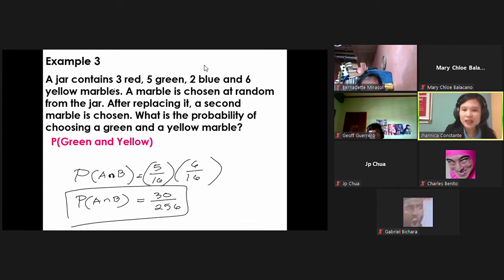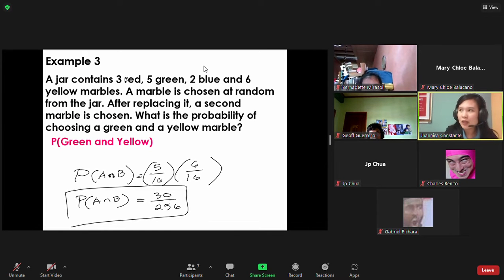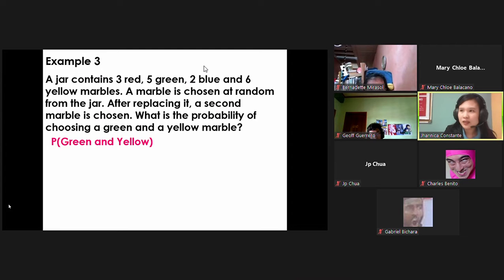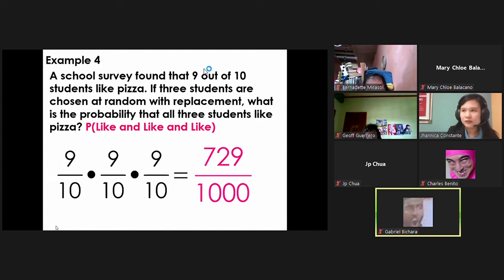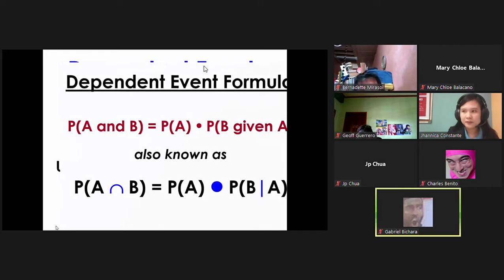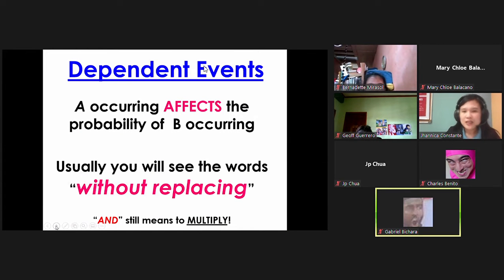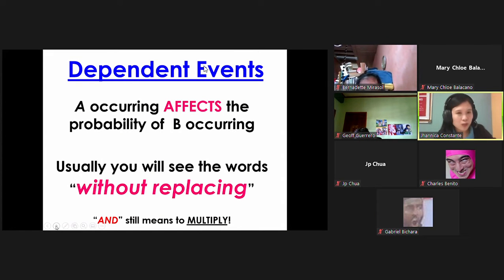How to find the probability of our dependent event. With an independent event, one event is not affecting the result of the other event.